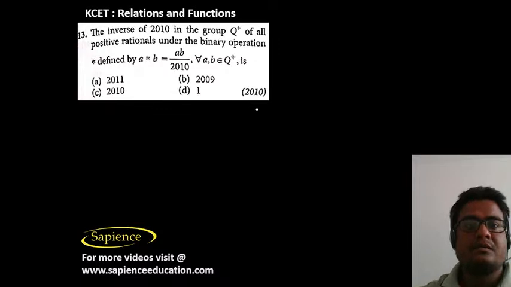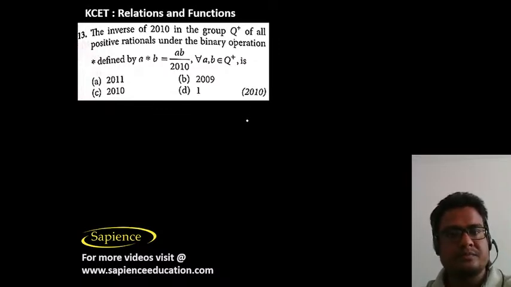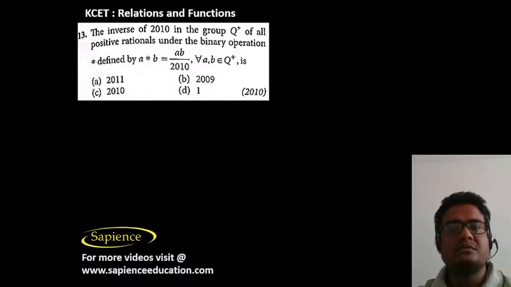Then, the inverse of 2010 in the group Q plus of all positive rationals under the binary operation star defined by A star B equals AB by 2010 for all A, B belonging to Q plus.